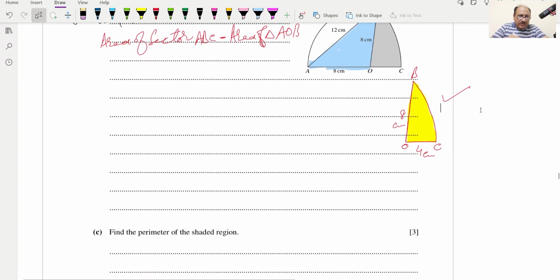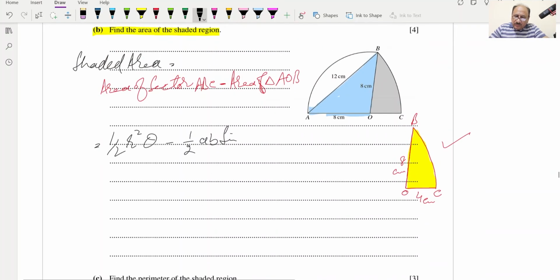Now the area of the sector is 1 by 2 r squared theta, and minus the area of the triangle, which will be 1 by 2 AB sine C, in this case sine of 0.72.